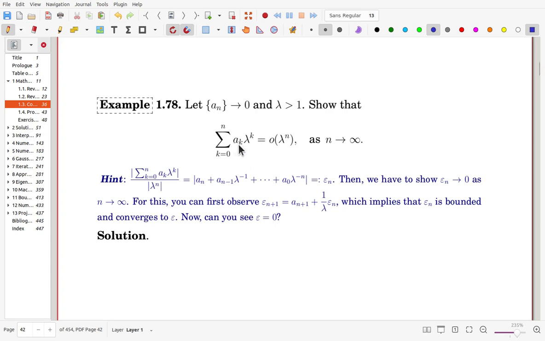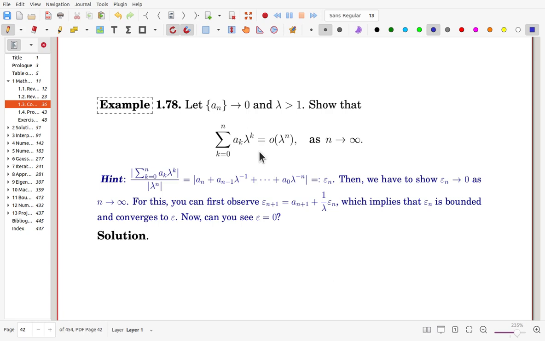What we know is a_n is becoming smaller to become 0, but lambda is larger than 1, so for the k-th power, the last term is lambda to the n, which is exponentially growing.